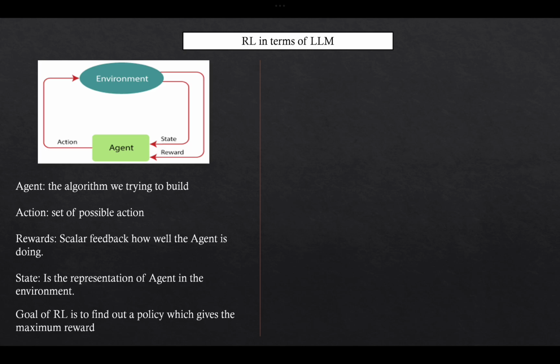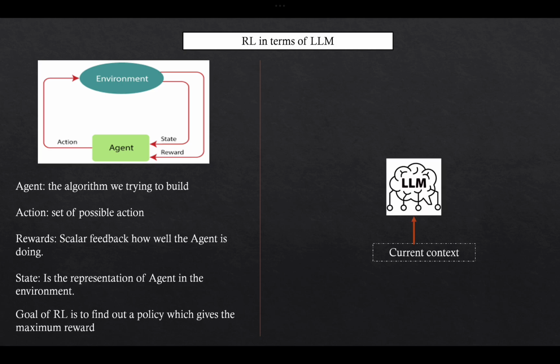Now in terms of LLMs, let's talk about how we plug in reinforcement learning. Before that, as we know, typical LLMs generate one token at a time. If I give a current context or a prompt to the LLM, it will generate the next token.